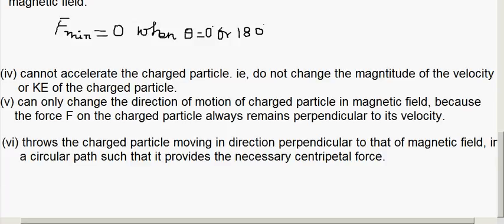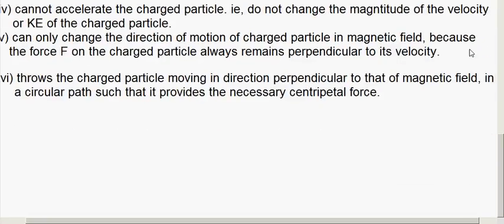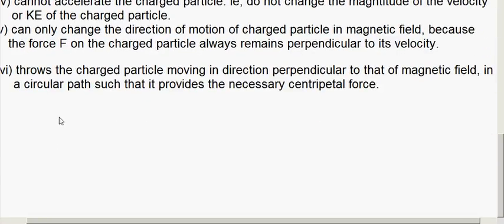So the magnetic force is equal to the centripetal force. Therefore the radius of the circle, we can derive this. Now the force is qvB, because v and B are perpendicular to each other, and this will be equal to the centripetal force.